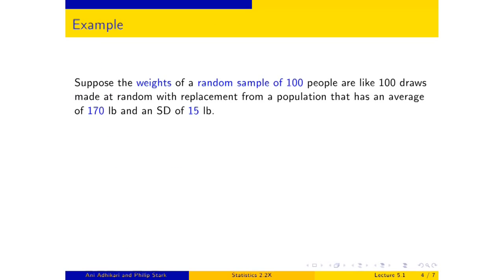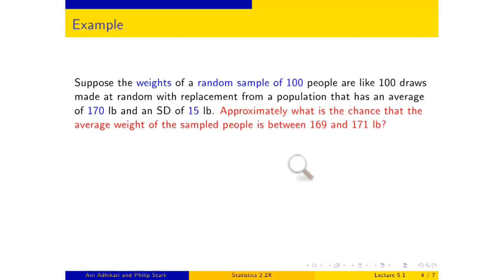Quick example, this is a data set that you have seen before. It's the weight of a random sample of 100 people, and we're assuming that that's like drawing 100 times with replacement from a list that has an average of 170 and an SD of 15, and these are all weights in pounds. And so if I ask you now, what is the chance that in the sample, among these sampled people, the average weight is between 169 and 171?